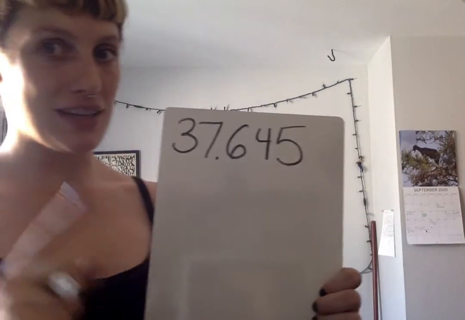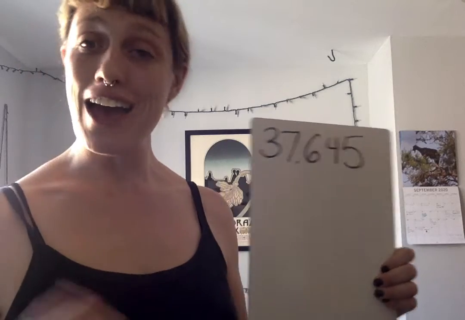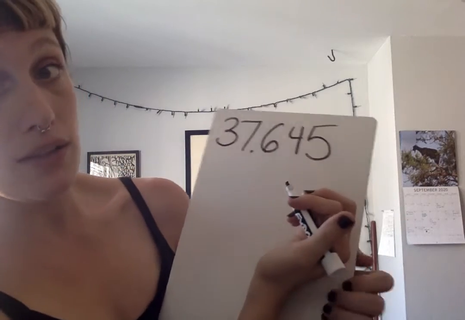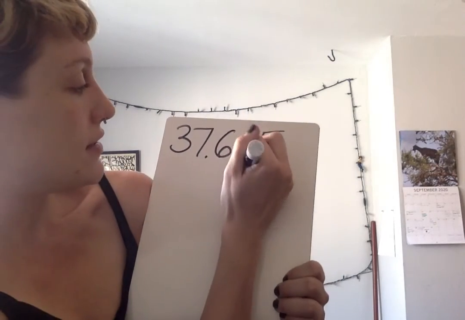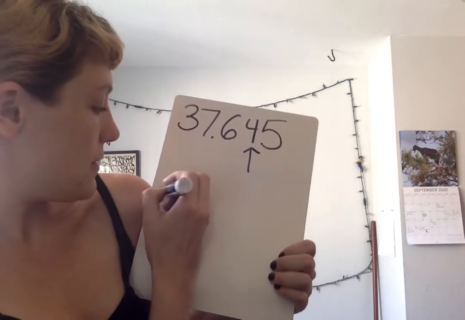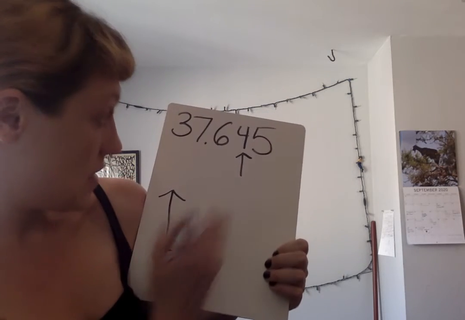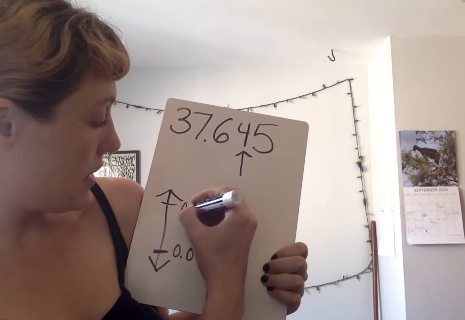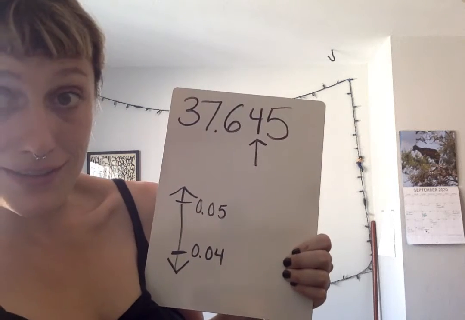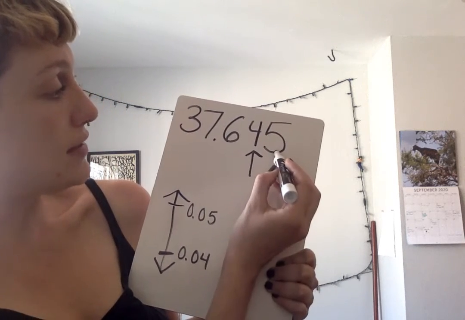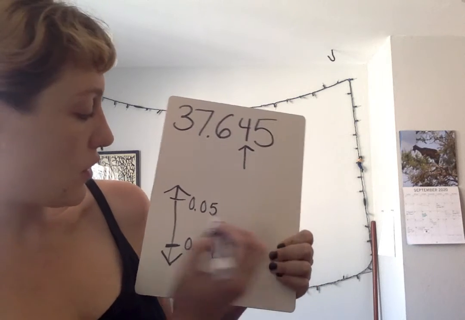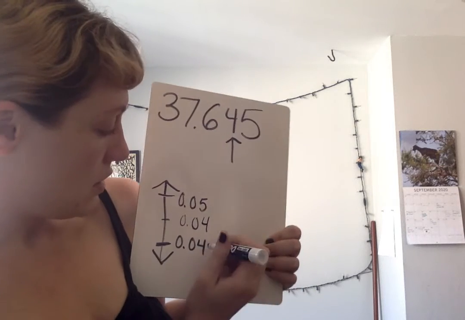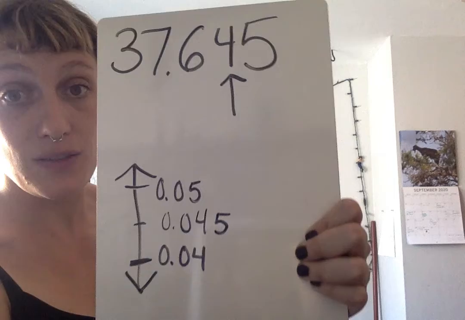Okay, hopefully you're back because you did it on your own, and hopefully you didn't just sit there and wait for me to give you the answer, because that would be the less fun way. Okay, so it said round to the nearest hundredth. This is our hundredths place. So remember that if you were using a vertical number line, 4 hundredths would be one endpoint, and so therefore the other endpoint would be 5 hundredths. And we're figuring out whether this number is closer to 5 hundredths or 4 hundredths. Well, our midpoint, if you recall, would be this number with 5 of the next smallest place value.